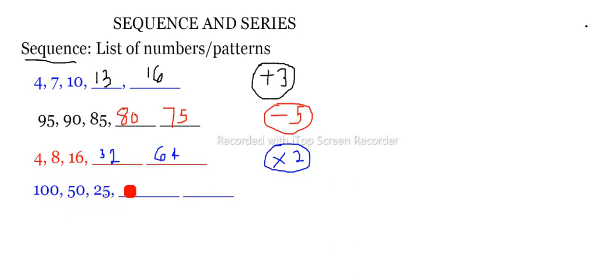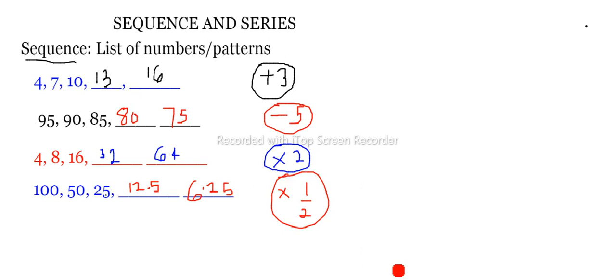When I divide 25 by 2, that will give us 12 and a half. That is 12.5. If I divide 12.5 by 2, that will give us 6.25. So in this number pattern, we are dividing by 2, or we simply say we are multiplying by half. Same thing as saying we are dividing by 2.